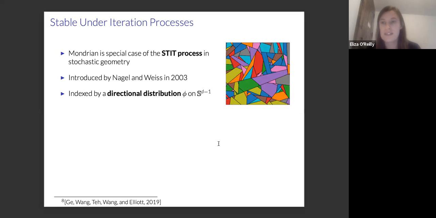and the construction is very similar to what I described for the Mondrian process. You have a lifetime parameter, and you assign the cells exponential clocks. When the clocks ring, you make a split.